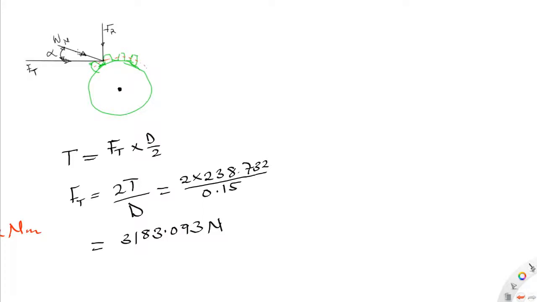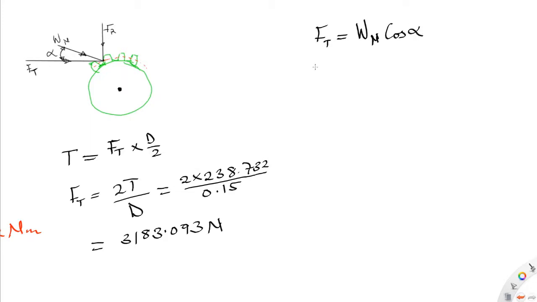All right, so we can say that Ft is equal to Wn cos alpha.